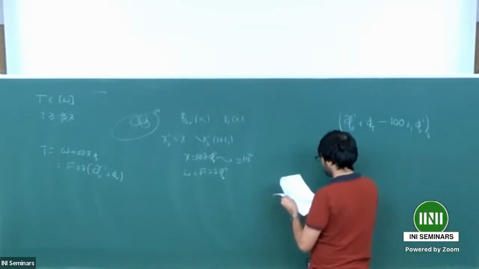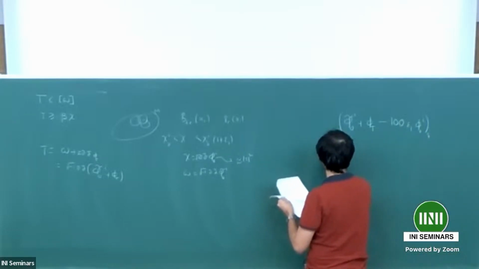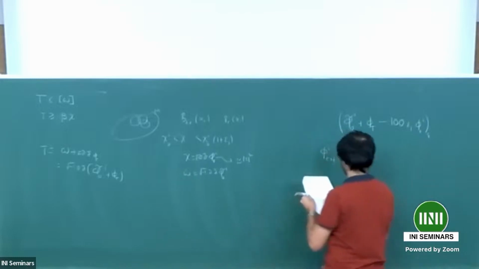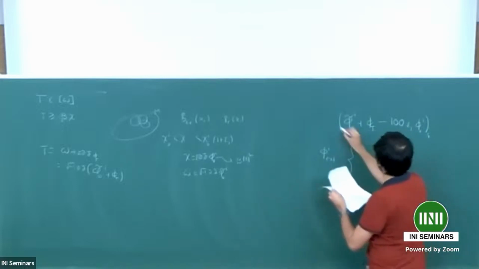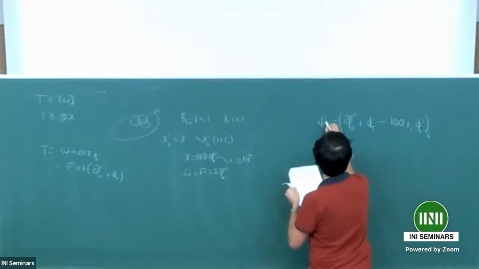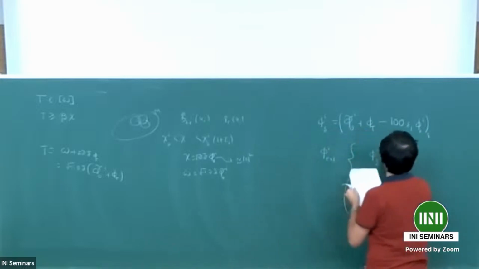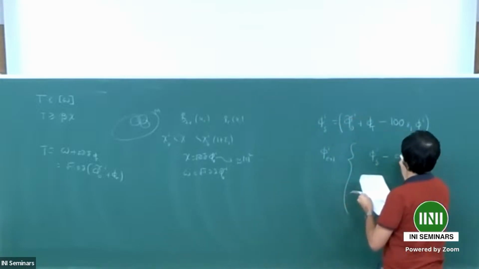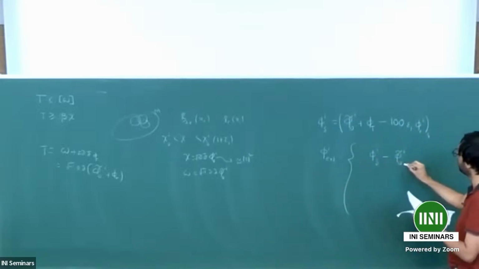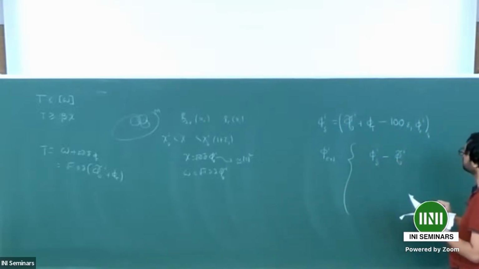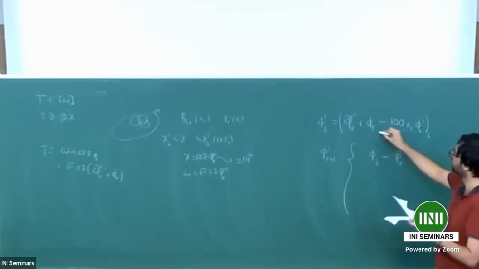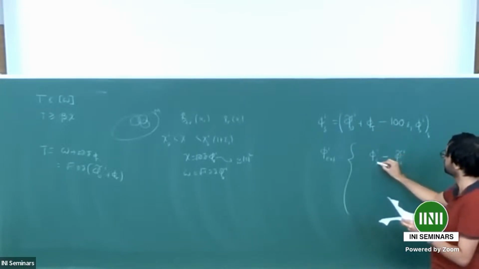Now, you define this function, let's give it a name, Phi delta minus P tilde naught, so that it lies almost in the correct class, so to say.